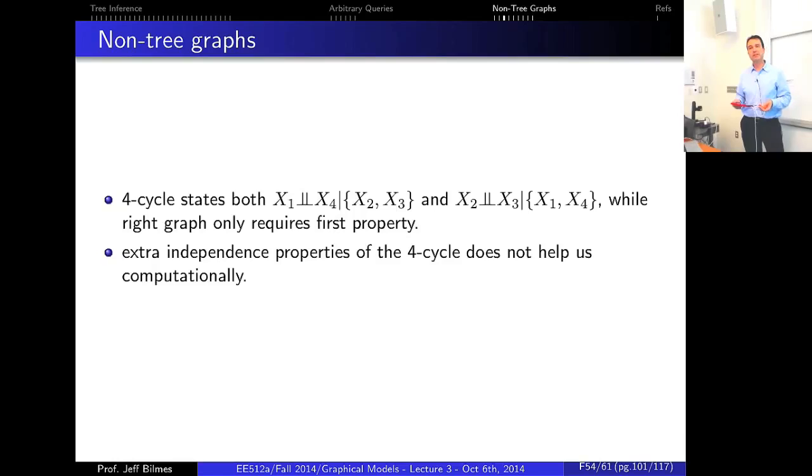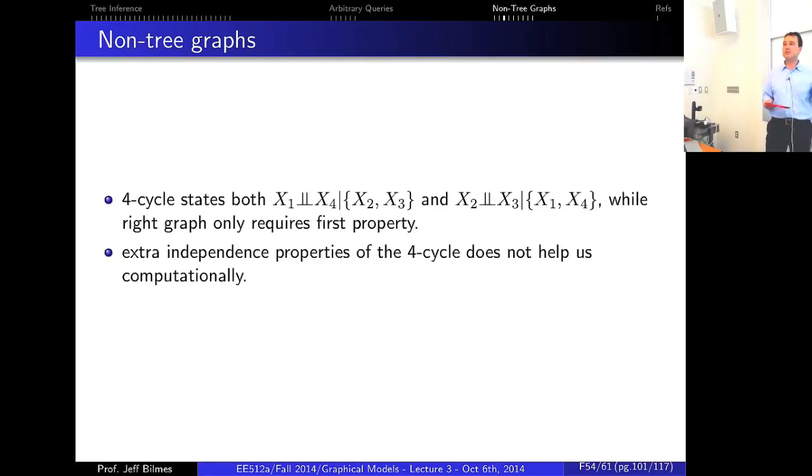So that extra independence property doesn't help us computationally in this graph. There's no perfect elimination ordering in this graph. And so because the graph doesn't have a perfect elimination ordering, if we were to do elimination, if we were to do exact inference, there are, from the perspective of computation, going to be extraneous factorization properties or conditional independence properties that are not useful.